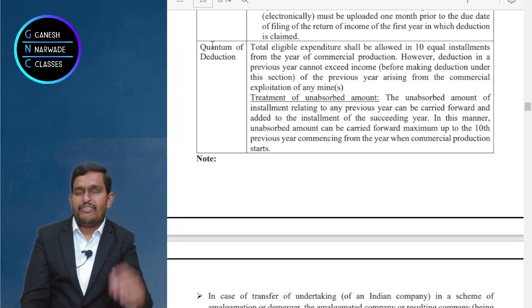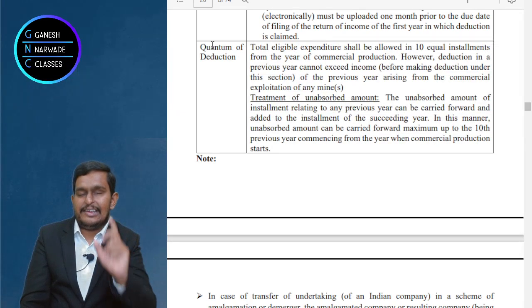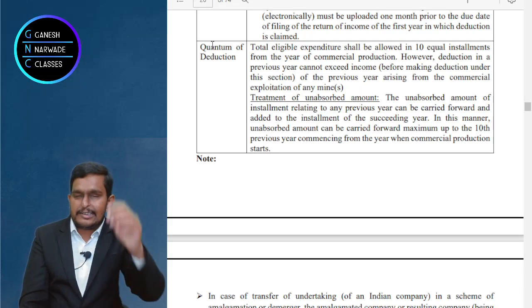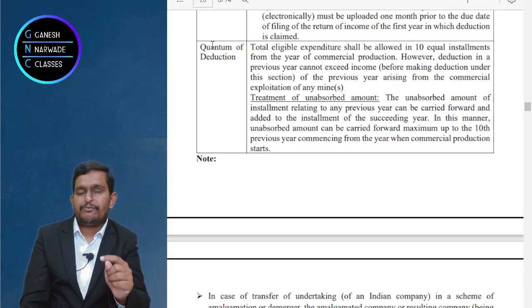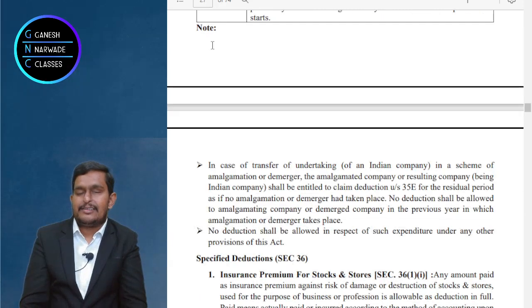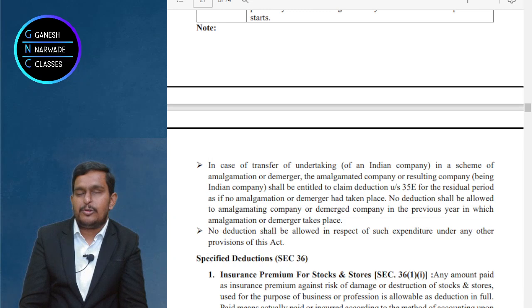Sir, but first year income we wrote minus 35E, but sir, income is not sufficient. We deducted all expenditures, but for the 35E deduction, income is not sufficient. Don't worry. If your income is 100 rupees and 35E is 150 rupees, what will you do?